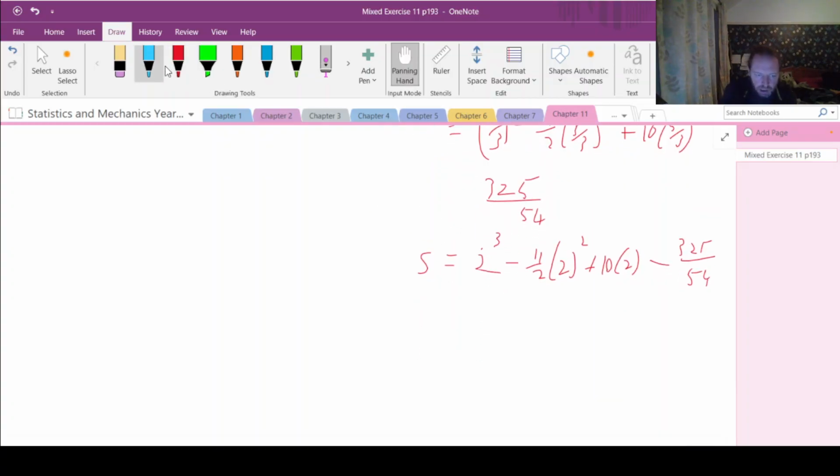So we end up with s equal to 8 minus 11 over 2 times 4 plus 20.